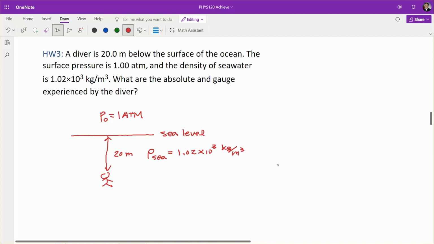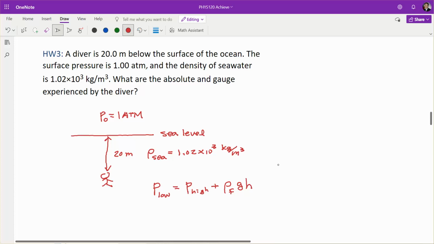So you want to find the pressure below a certain point, and if you want to find the pressure at a lower position, it's going to be the pressure at a higher position plus rho of the fluid times g times h, where h is the depth.